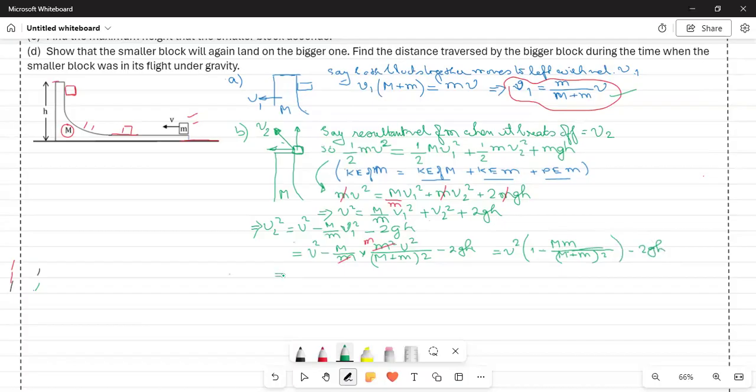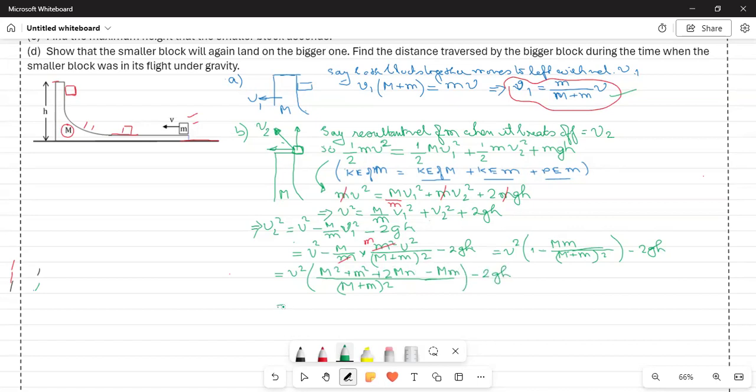This is equal to v square. Now, I further simplify this. The denominator, I have capital M plus small m whole square. The numerator, I will have capital M square plus small m square plus 2 capital M small m minus 1 capital M small m, minus 2GH.